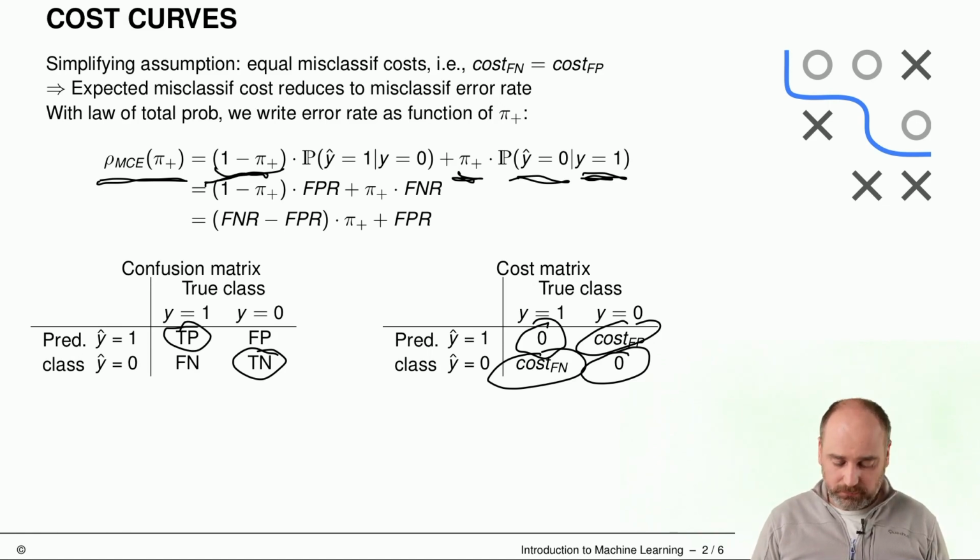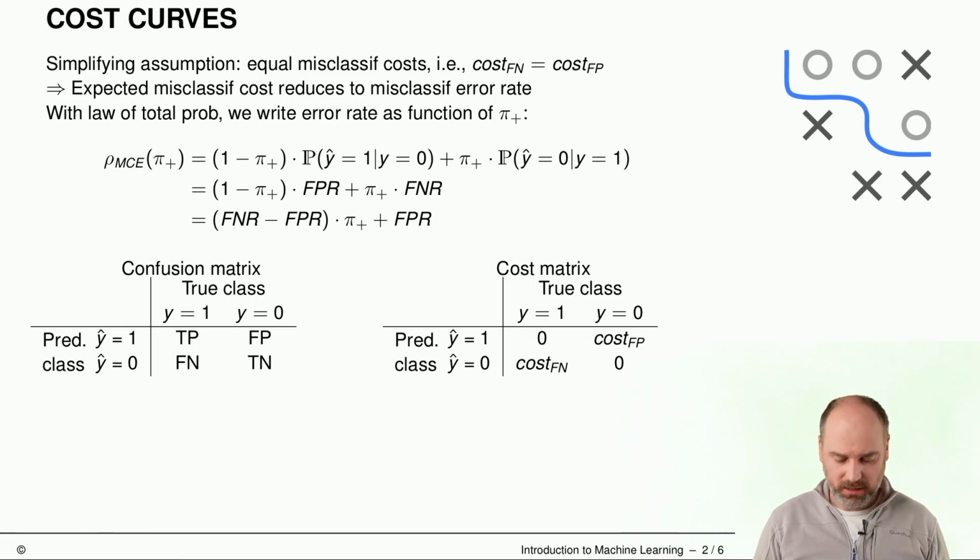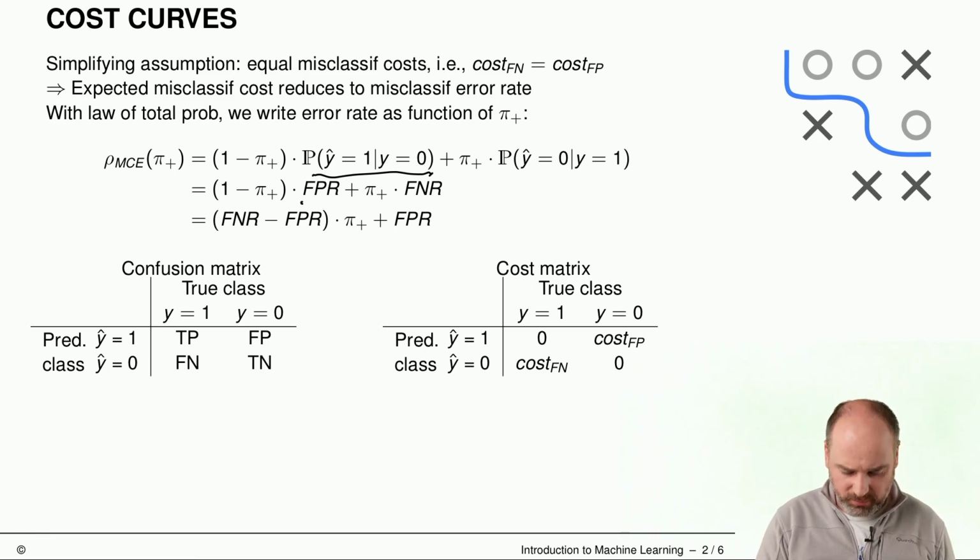Okay, so can we now simplify this formula? Answer is yes, we can. That's really easy. Let me remove a couple of these scribblings here. Pretty obviously, this probability of predicting a 1 under the assumption that the true class is a 0, or negative, is exactly our false positive rate, right?